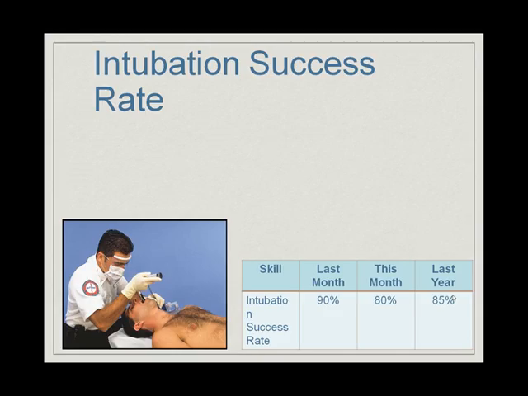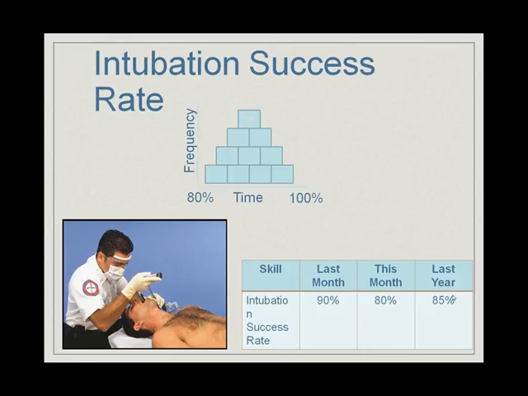We could also think about endotracheal intubation success the same way. Over time, we're going to see a distribution. And maybe we've set a lower limit of 95% intubation success rate. But what we see here is that the distribution's from 80% to 100%.